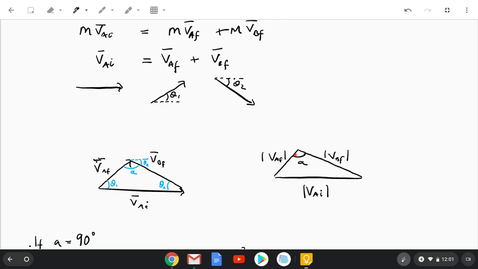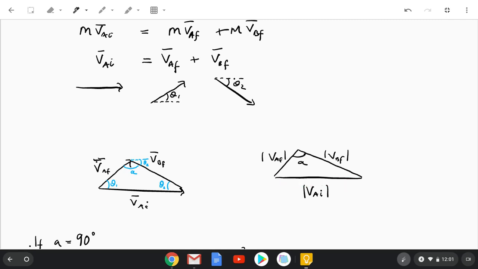I've written that here. So that's the length of this vector, this vector, and this vector. I've just put those next to each. The directions are directly related to the directions of the vectors, so these directions are the same.